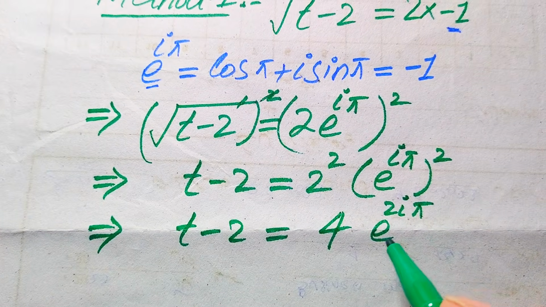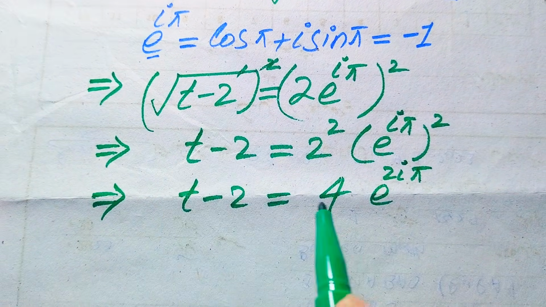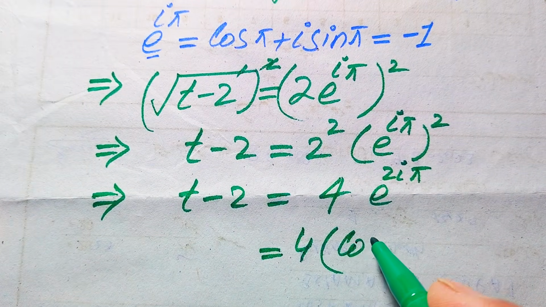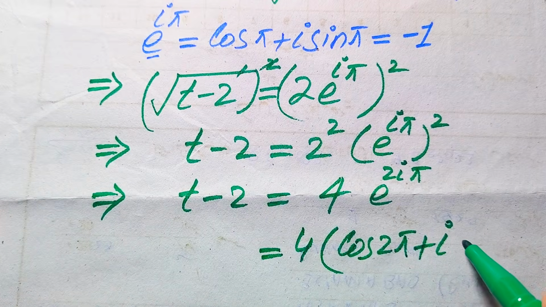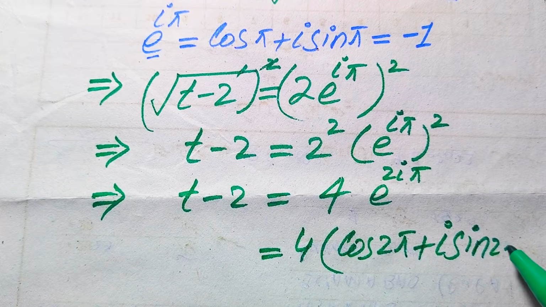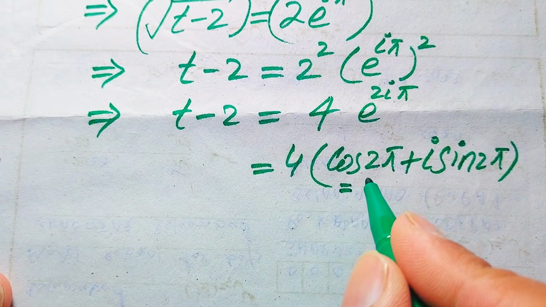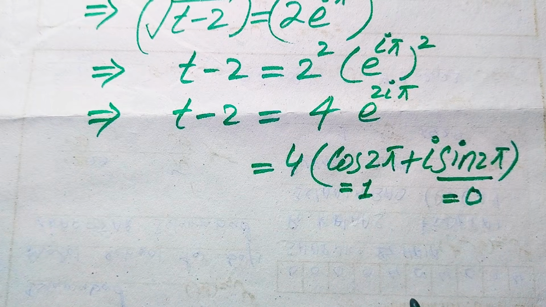When we expand this e to the power of 2 iota pi, it becomes 4 times cos 2 pi plus iota sine 2 pi. Here we know that the value of cos 2 pi is equal to 1 and the value of sine 2 pi is equal to 0.